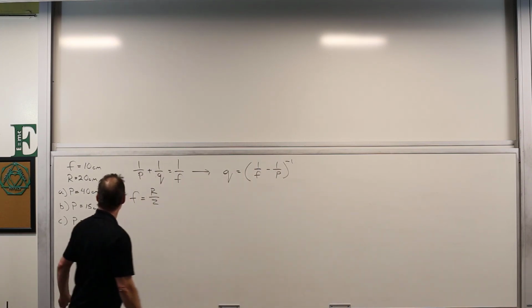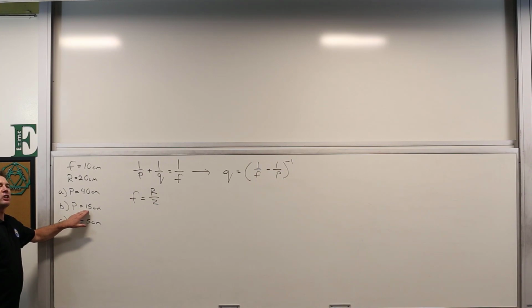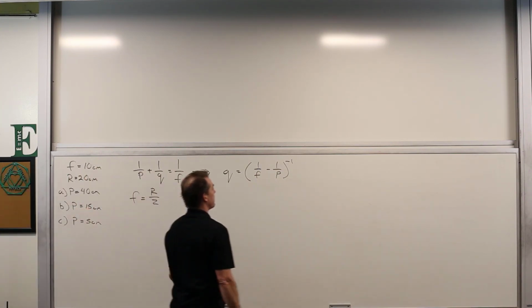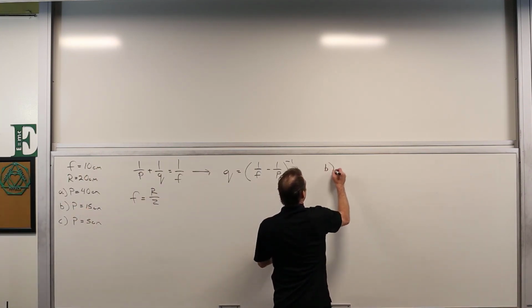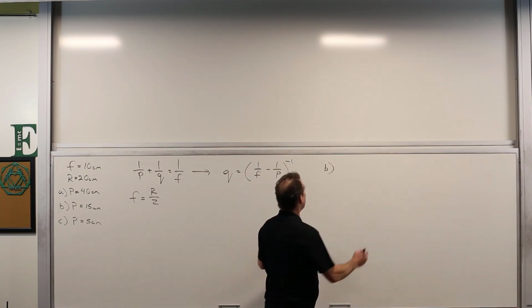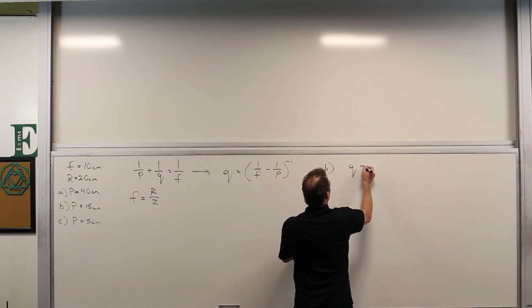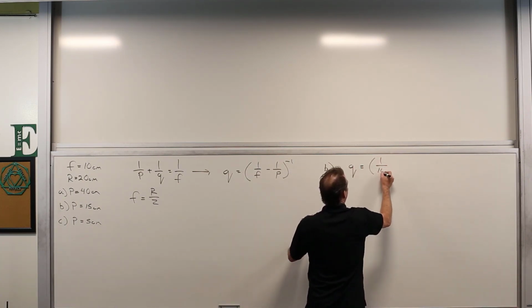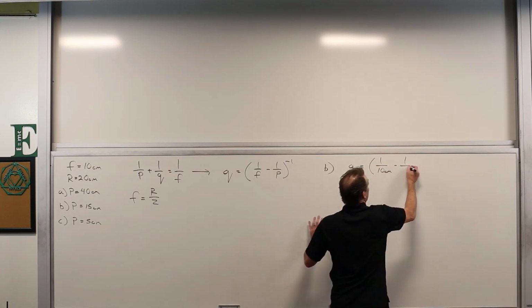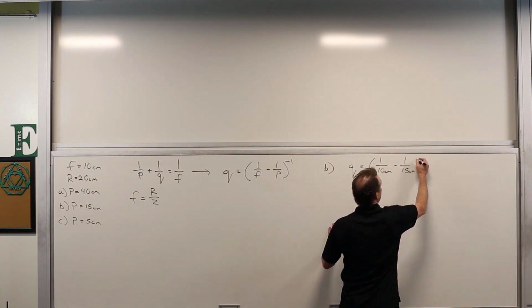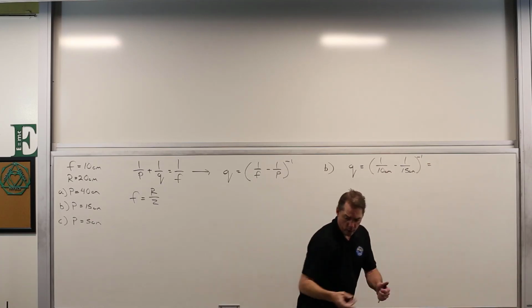All right, so now we want to go to part B, look at an object distance of 15 centimeters. So for B, we're just going to put 15 in for P, and we've got ourselves that Q will be equal to (1 divided by 10 centimeters minus 1 divided by 15 centimeters) to the -1. Let's calculate that out.